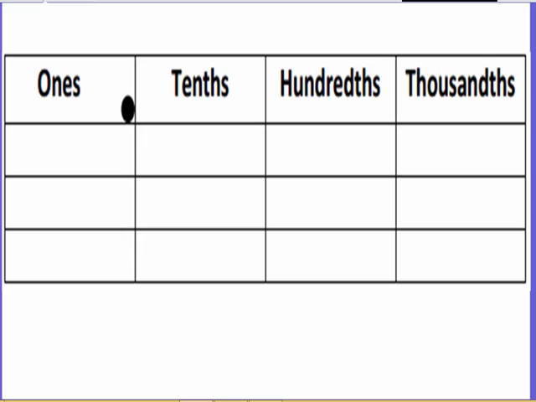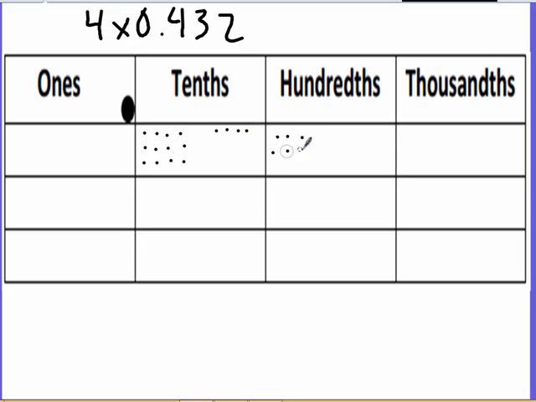Now what if we had, though, this slightly larger problem? 4 times 0.432. Well, this is 1, 2, 3, 4, 5, 6, 7, 8, 9, 10, 11, 12, 13, 14, 15, 16. Remember, there's 4 groups. 1, 2, 3, 4, 5, 6, 7, 8, 9, 10, 11, 12. 1, 2, 3, 4, 5, 6, 7, 8.